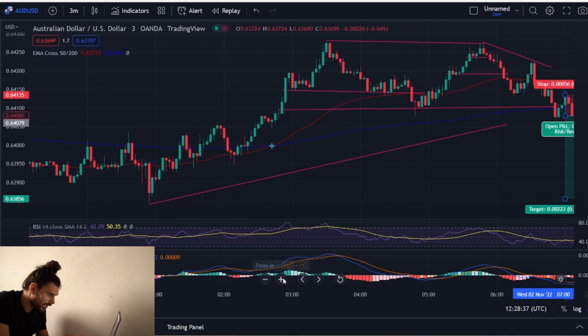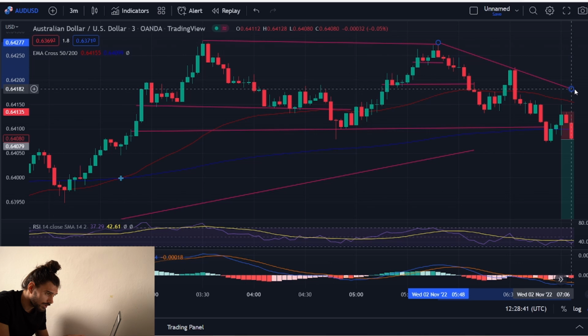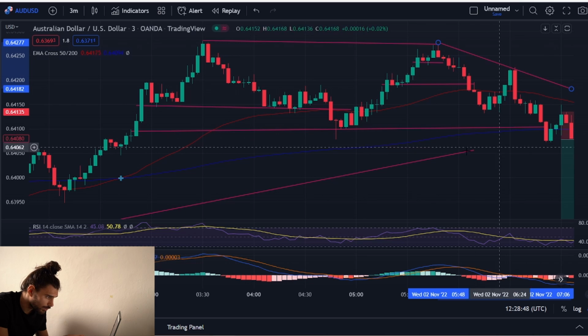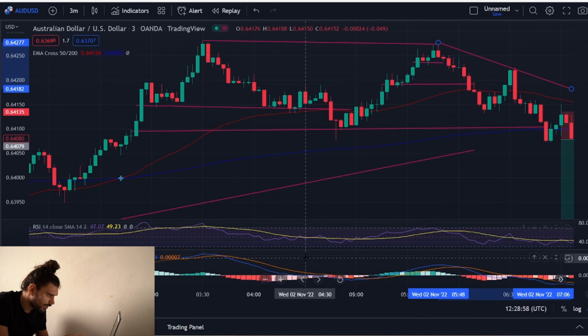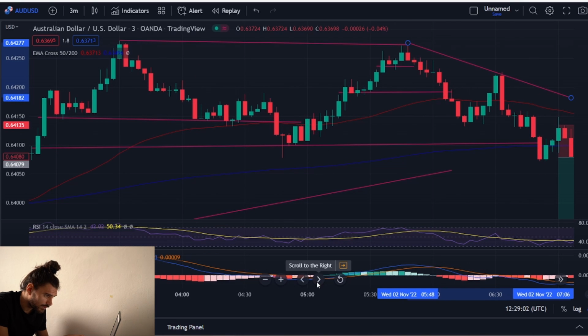But again, since here I had this double top and here my three touch trend line is still not being considered, and even though I broke now this structure, since I had this double top, I probably wouldn't enter right here, since I don't like to trade the double tops. Since here I now need a new break, since here I have a left shoulder, double head, right shoulder, but still not really something that I would trade, but let's just take it as a trade for the sake of the video.